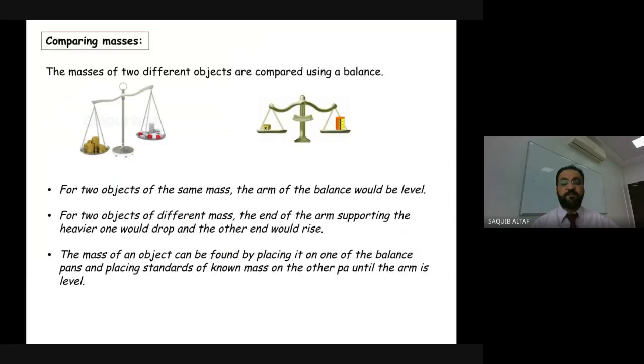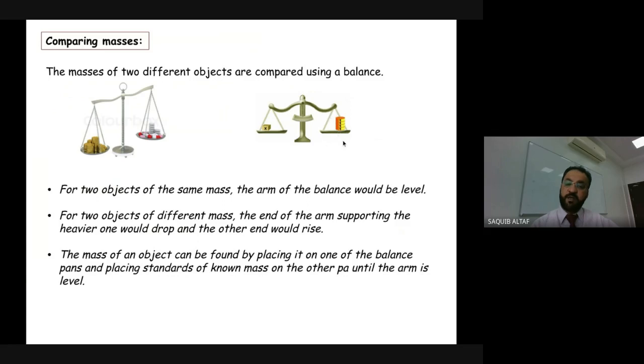For example, if you have two masses and you want to compare them, there is a balance. Basically, we are using a balance to compare the masses of two objects or to measure the mass. See how you will compare.